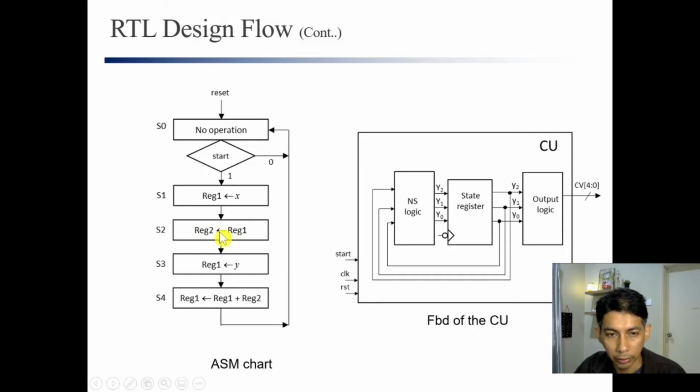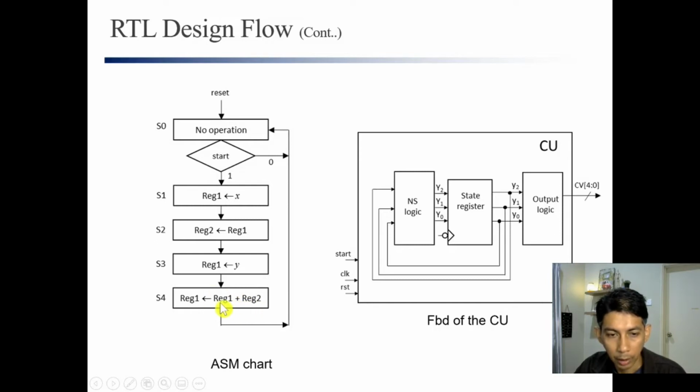Now x is in rack 2. The next cycle or next state, we transfer y into rack 1. Now y is in rack 1 and x is in rack 2. And the last cycle or last state is to add these two.